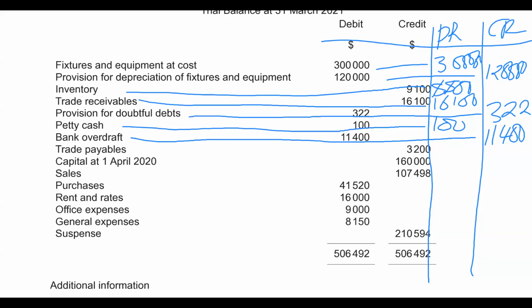So the trade payables, are these expenses or liabilities? I hear the network is cutting. I think it's just his network, but you will be fine. The class is being recorded.